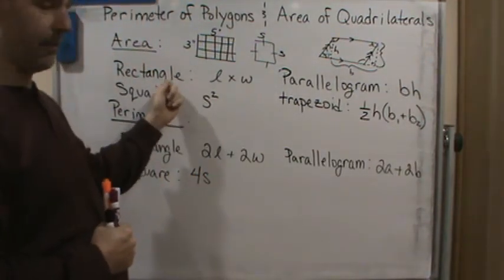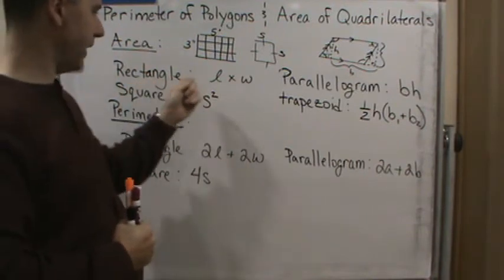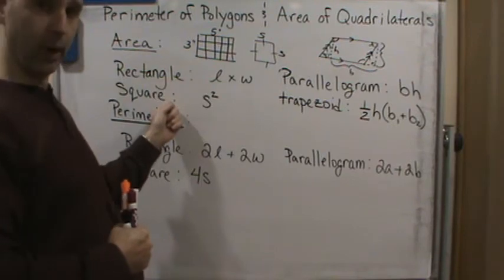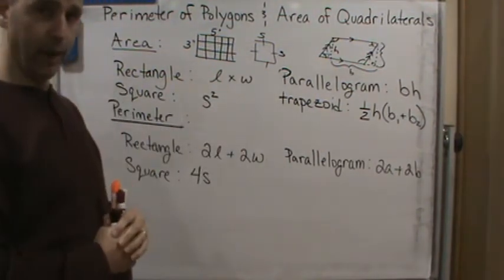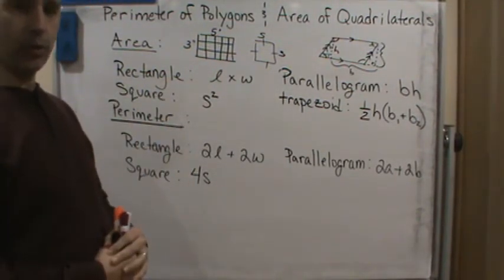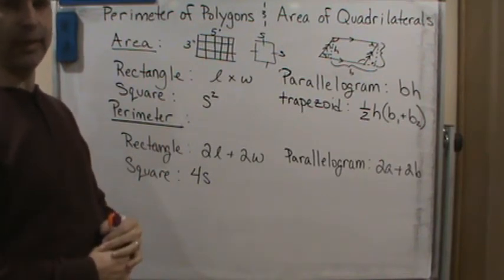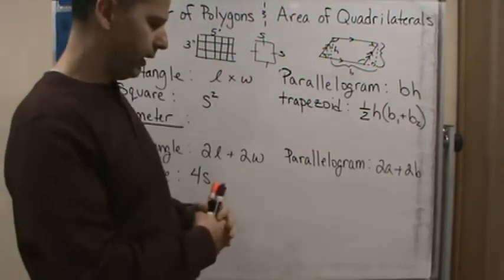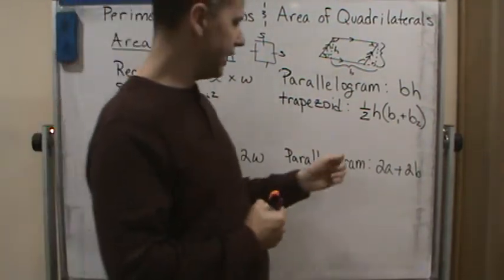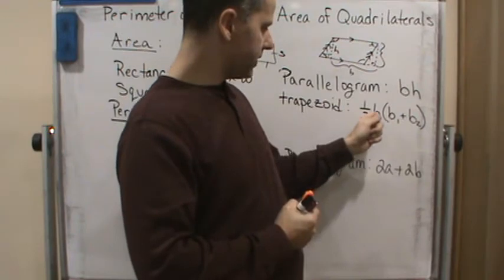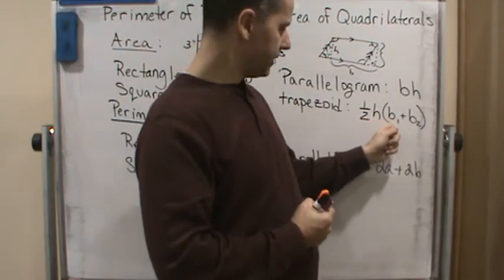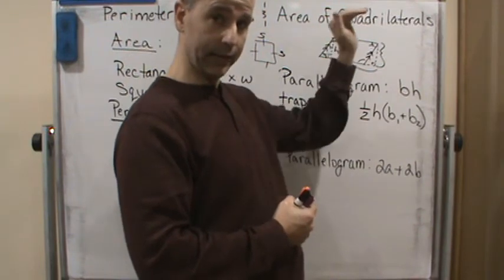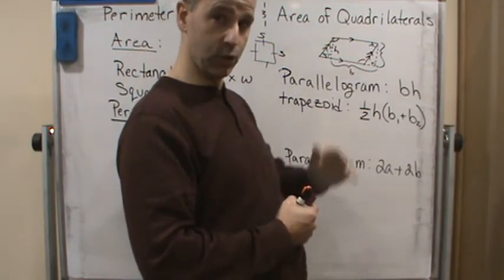So it's not going to have the same formula as rectangle, parallelogram, and square, because rectangle and square are both parallelograms. So the formula for those three are essentially going to be the same. Okay? But the formula for the area of a trapezoid is you take 1/2 times the height times the sum of the bases, of the parallel lines, B1 and B2.